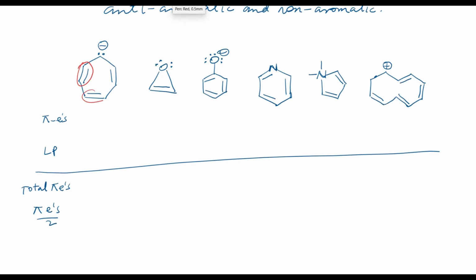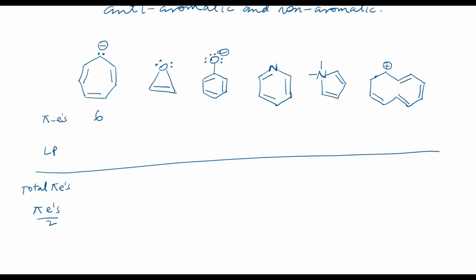So in this molecule, we have 3 pi bonds, which means we have 3 times 2, which is equal to 6 pi electrons from the pi bonds. And then we have 1 lone pair. That lone pair is part of the pi system, so we're going to count it. And it's part of the pi system because it can do resonance.